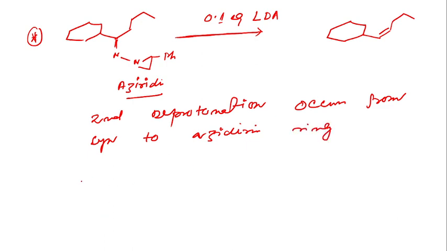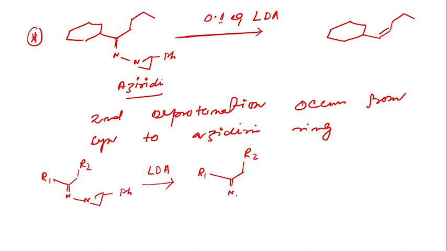So let's come here. I'm just showing you why. Let's say this is R1, this is R2, this is the C=N double bond, and this is the aziridine ring. We have used LDA. If I use LDA, then the only deprotonation site is this one, so it will be negative as a result. Read it and see it very carefully.